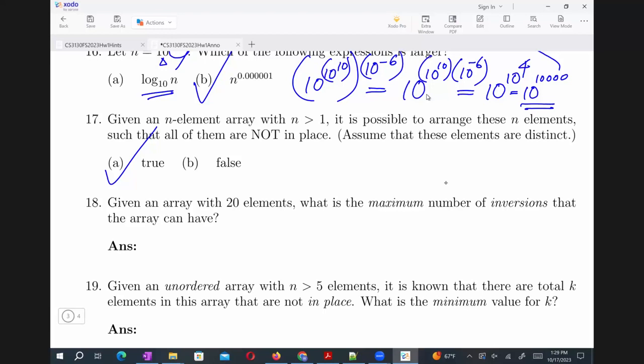In order to convince yourself, you may need to construct concrete examples. Here, I like to use a circle to show the way to do the construction. Let us draw a circle and arrange our elements along the circle.